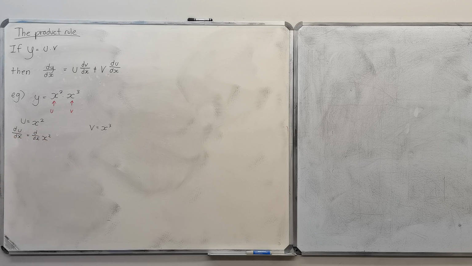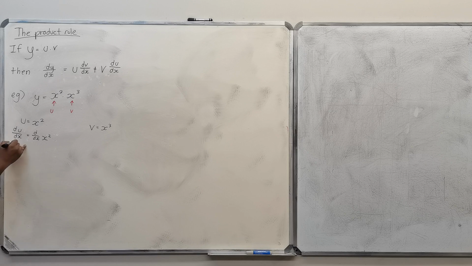Remember, this is me adding d over dx on that side. I'm saying derivative of that equation. So now I'm saying the derivative of x squared with respect to x.